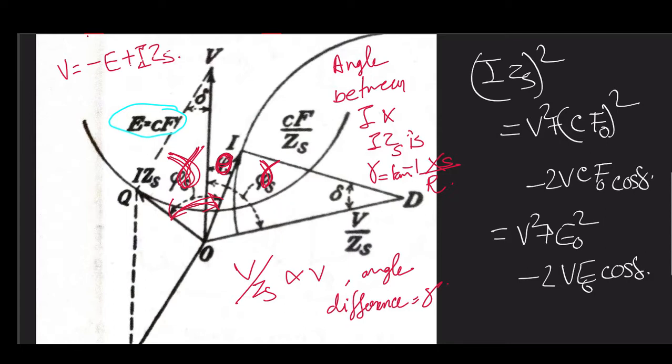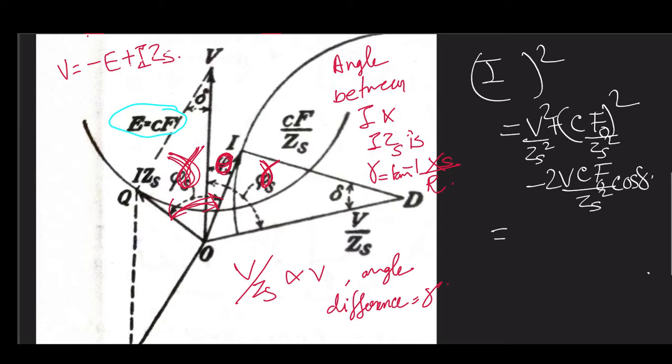So what you will get, if you do it, will give you something very strange. If you want to get I square, it will give you V by Zs square, then Cf by Zs square. So clearly we can see that for a constant value of E naught, we can have a triangle whose two sides are constant, because Zs is constant, V is constant, and we are keeping Cf constant.